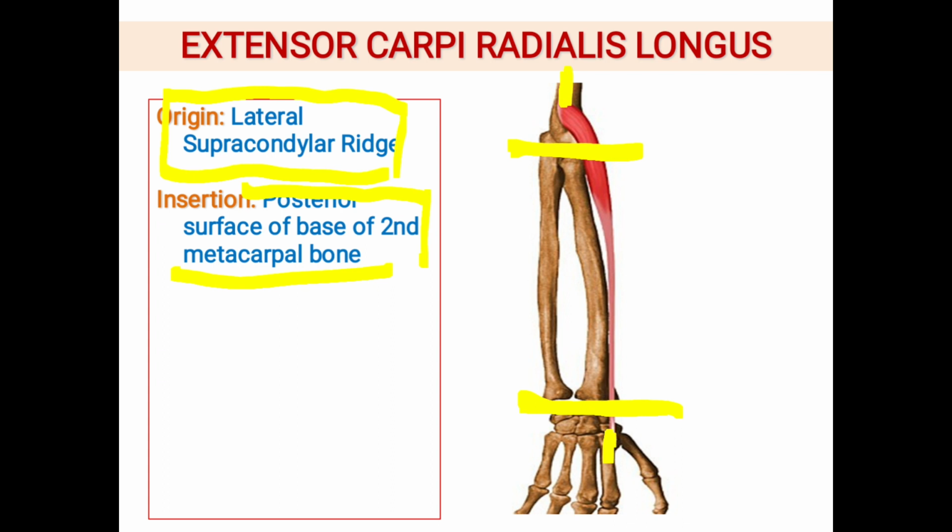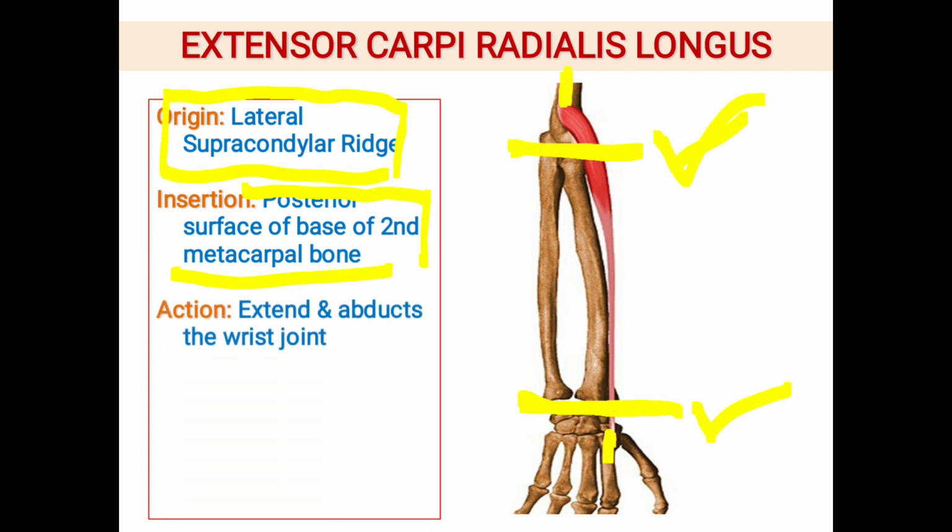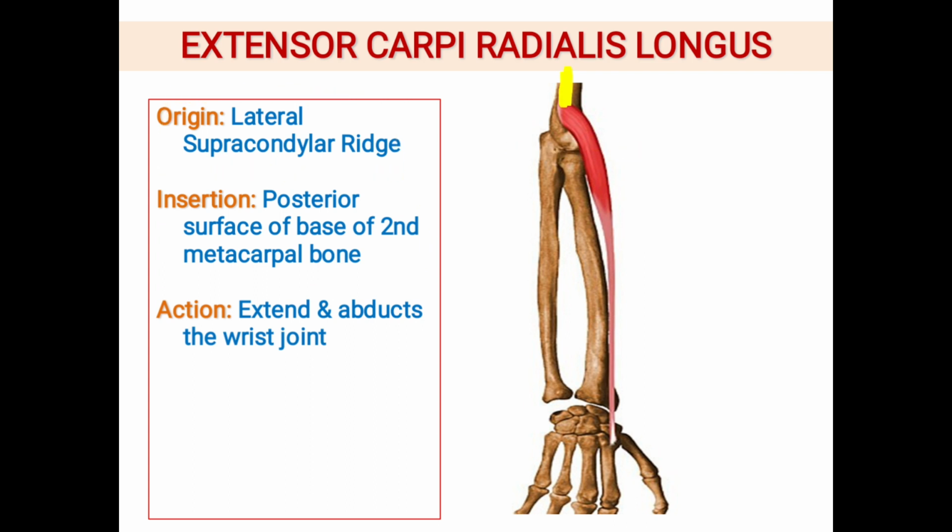So it crosses the wrist, it crosses the elbow, so it can extend the wrist and extend the elbow. Correct? Aside from extension of the elbow and extension of the wrist, it can also abduct the wrist joint.